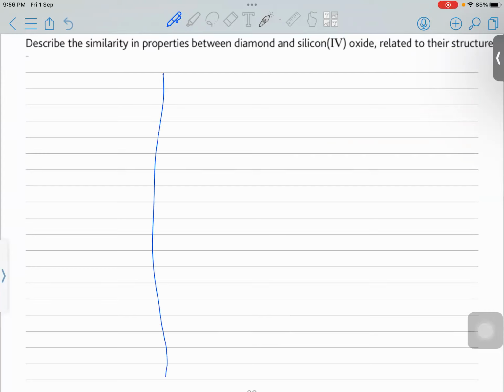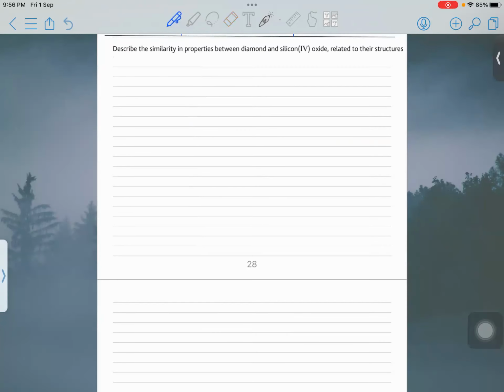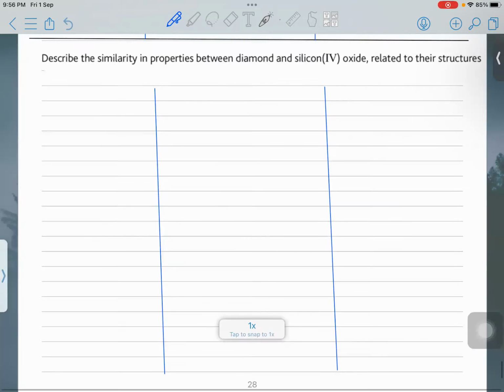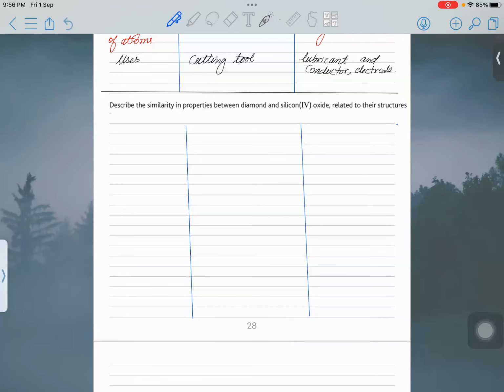First point, second point. Here we have diamond.